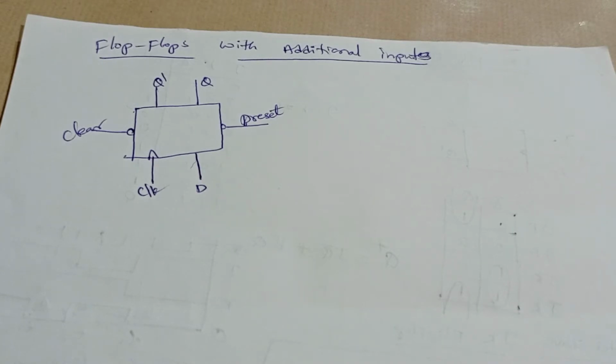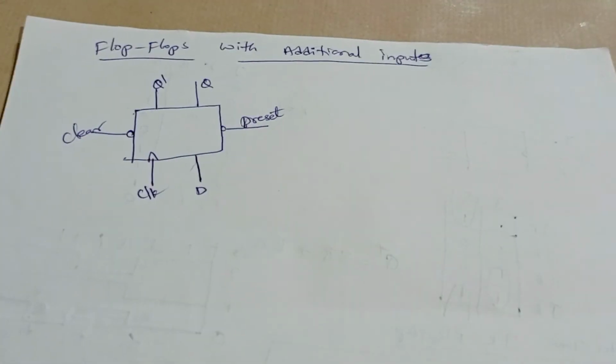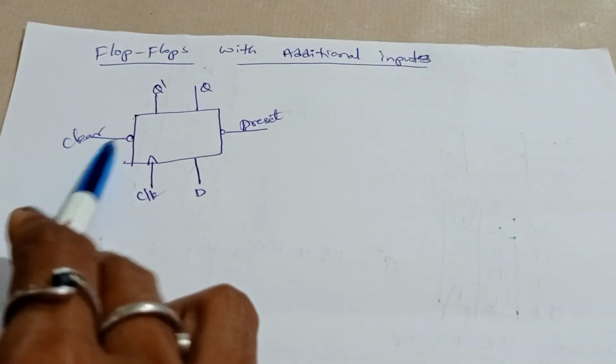It is required to clear or set the flip-flop. This type of input is often referred to as active low because a low voltage or logic 0 will activate the clear or the preset function.